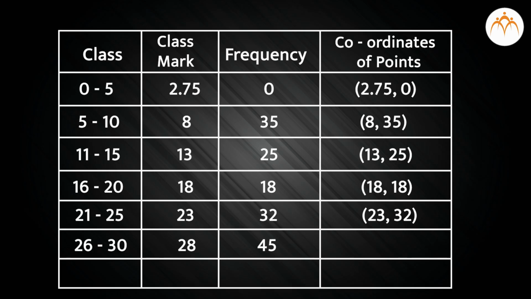Class 26 to 30, class mark is 28, frequency is 45, therefore the coordinates are 28, 45. For class 31 to 35, class mark is 33, frequency is 0, therefore the coordinates are 33, 0.